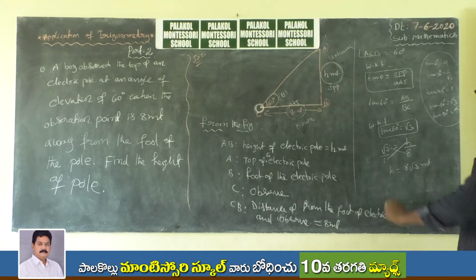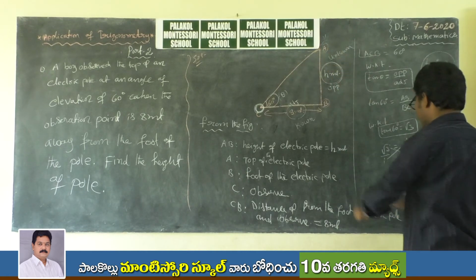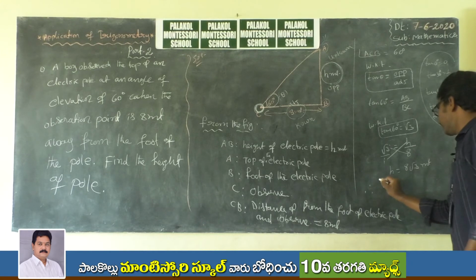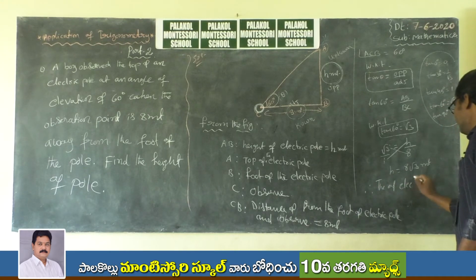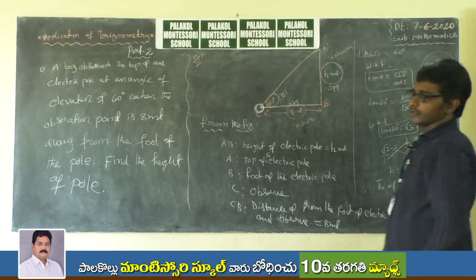What does height indicate? Height is the electrical pole. So finally you write the step, therefore the height of the electrical pole H equals 8 root 3 meters. Done.